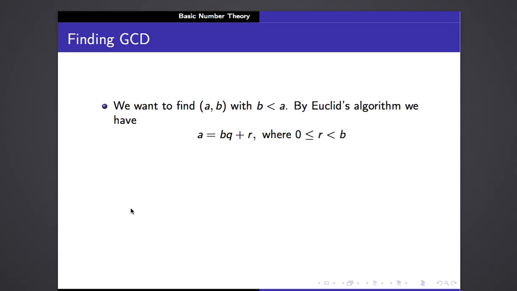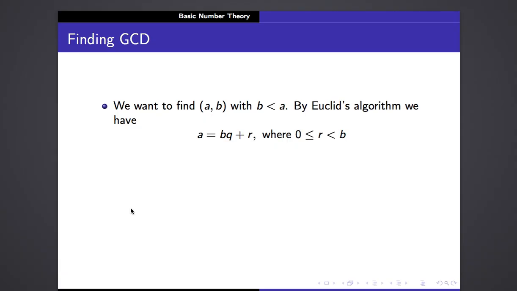However, that's just not a feasible way if you have a pair of two large numbers. It's going to be a daunting task to find the GCD by such a crude method, so we want to devise a smarter way to do this.